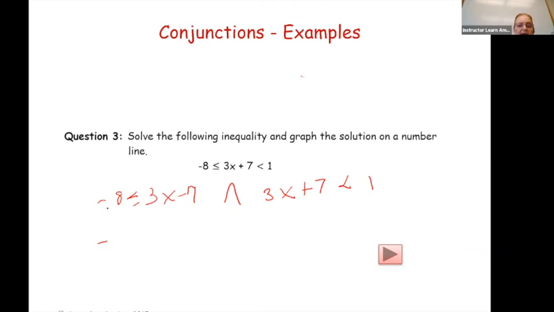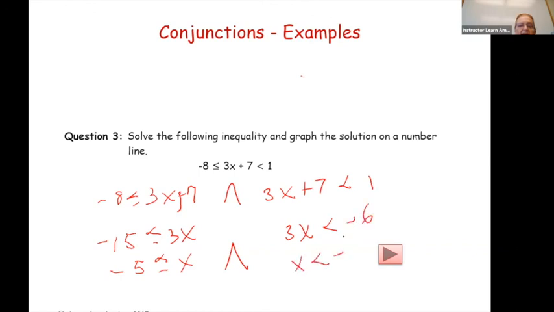Subtracting 7 from both sides, we would have negative 15 is less than or equal to 3x, and therefore negative 5 is less than or equal to x. And we would have 3x less than 1 minus 7, so negative 6, and x is less than negative 2.